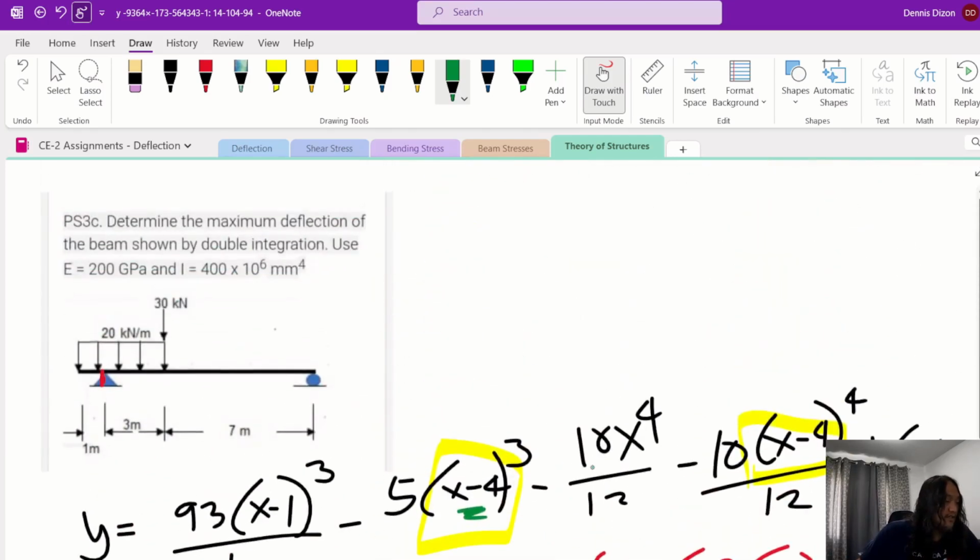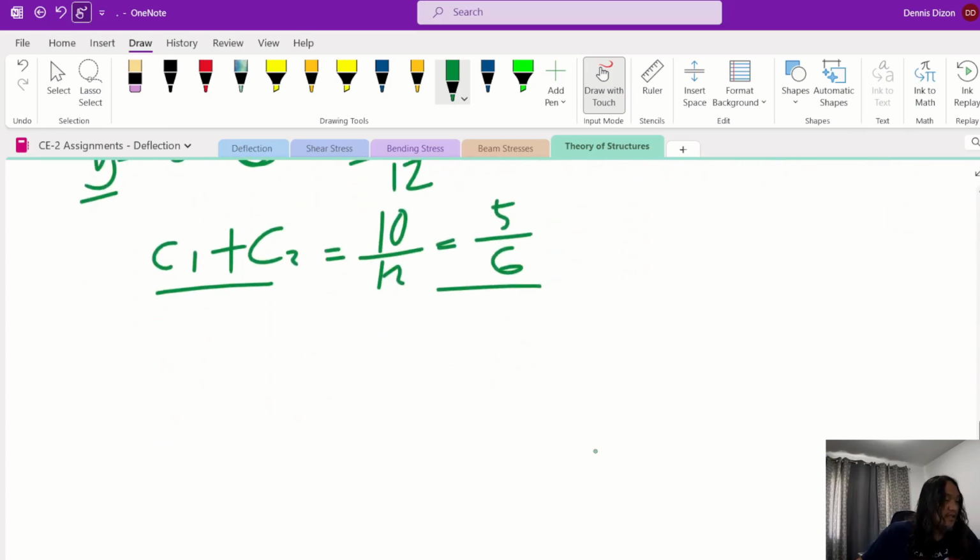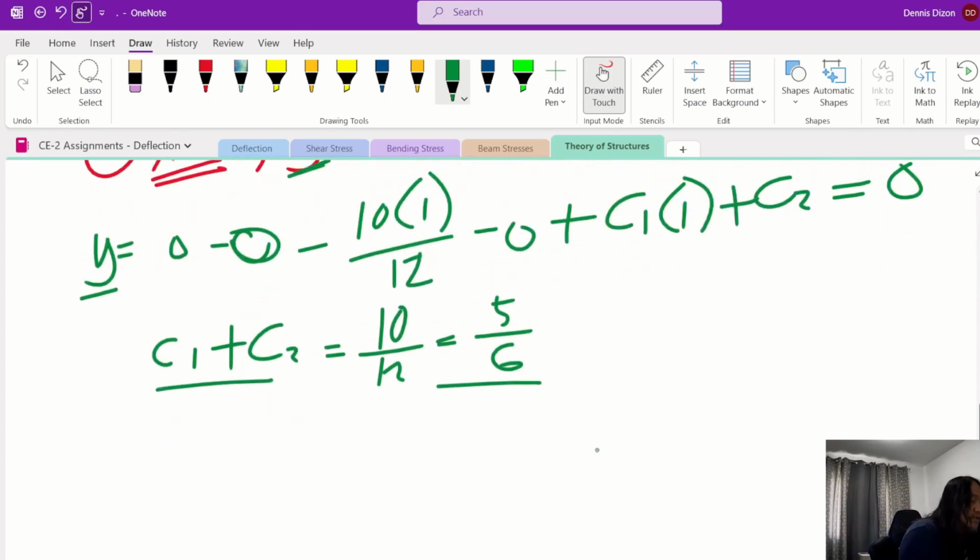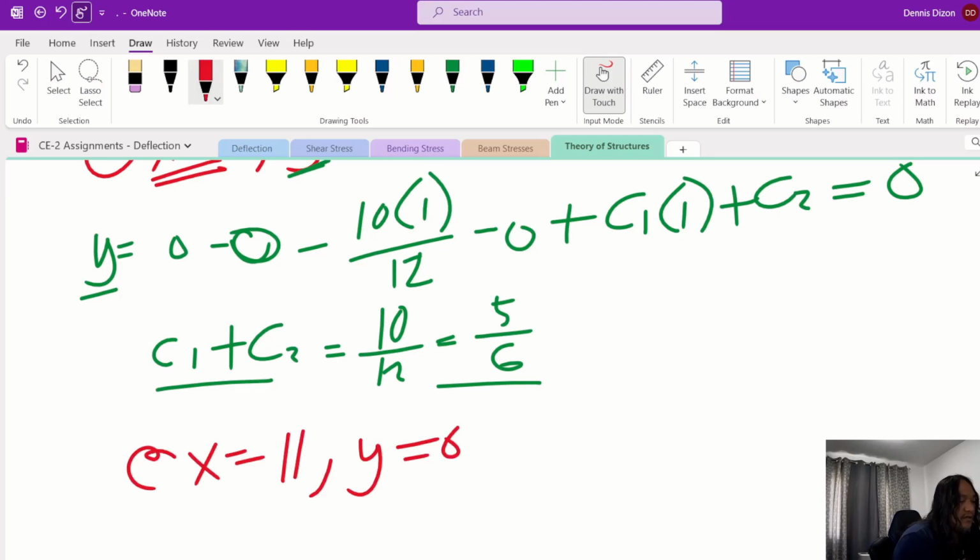Now the second equation will be at point B, where your deflection is also 0 because that is a support. So therefore, our second condition is at x is equal to the total length, which is 11, y is equal to 0, and then solve for C1 and C2.